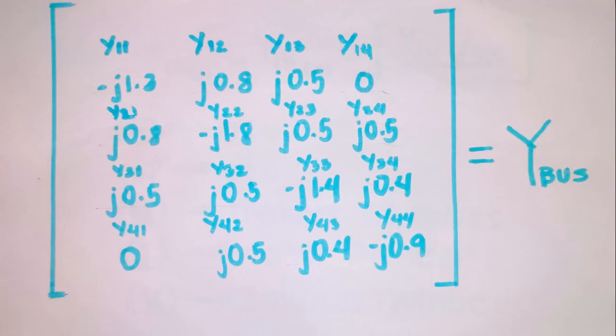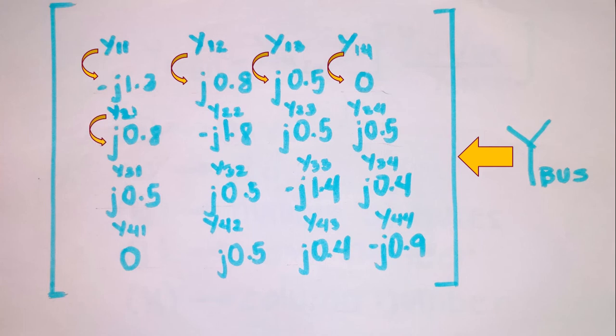For you to further understand this topic, we have provided a 4x4 matrix. This matrix has components of y11, which is negative j1.3, y12, j0.8, y13, j0.5, y14, which is equal to 0.